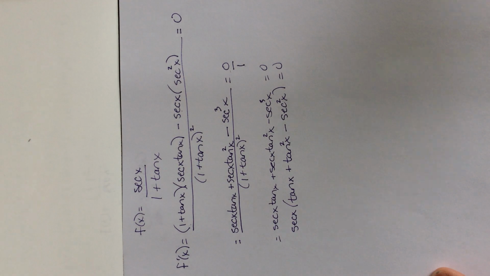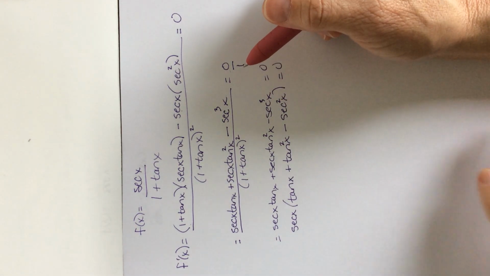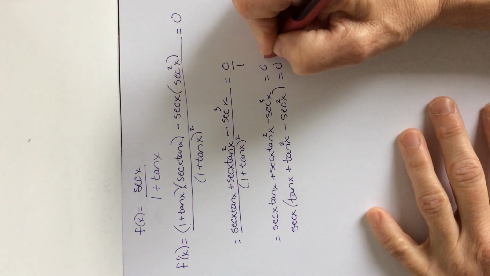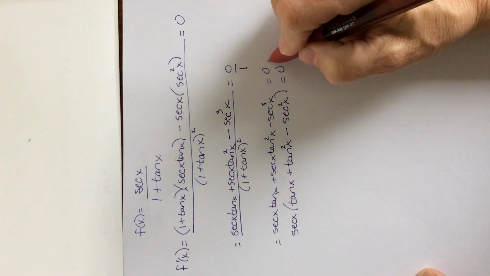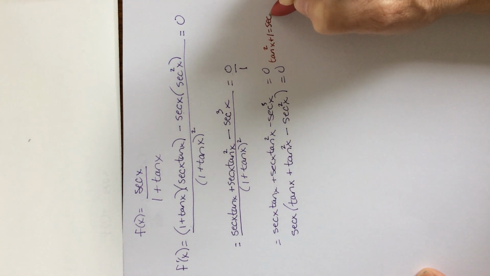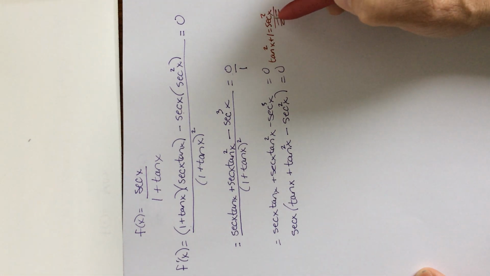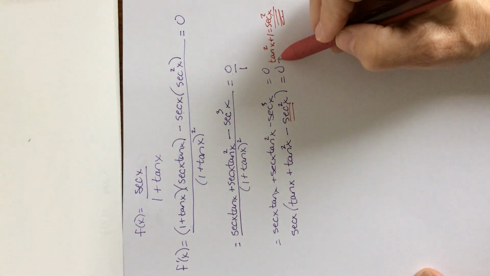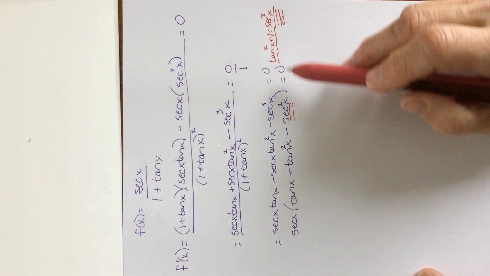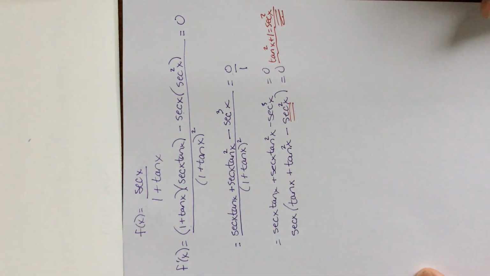Now, there is a Pythagorean identity that tells us tangent squared x plus 1 equals secant squared x. So I can replace secant squared x with tangent squared x plus 1, and that will give me all of this in terms of tangent.